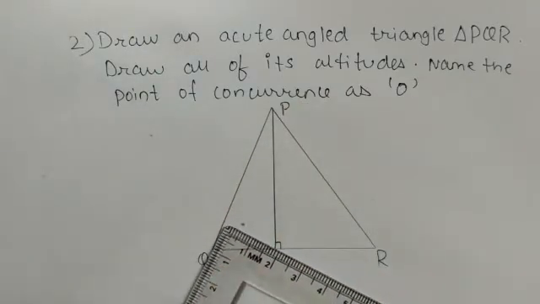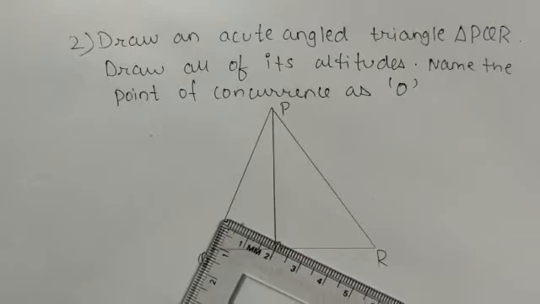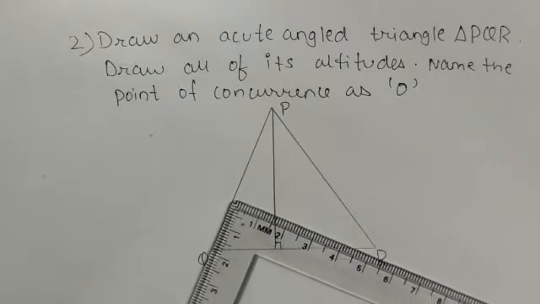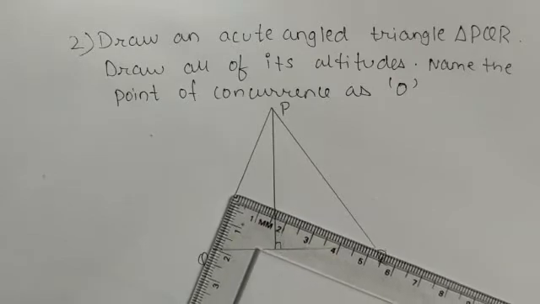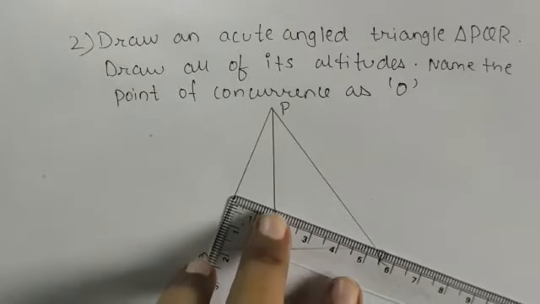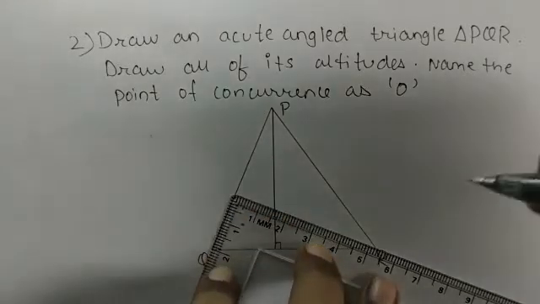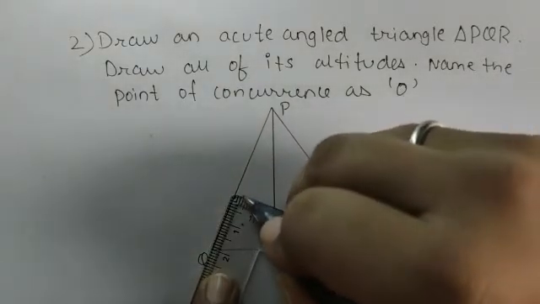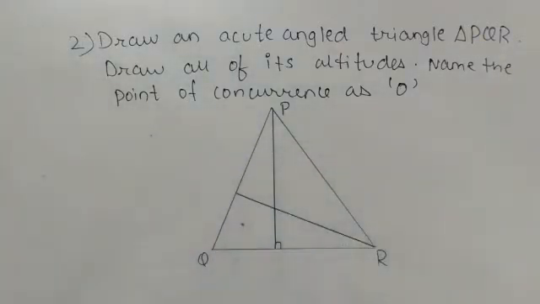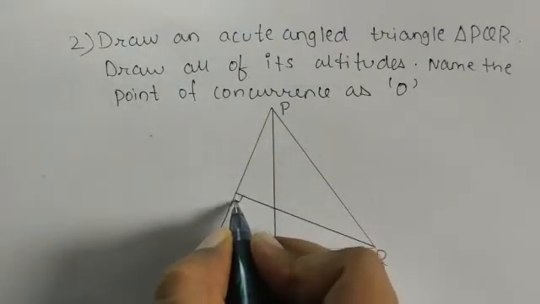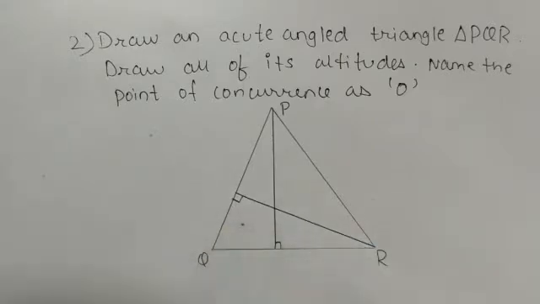For that we will keep the set square in this position and we will adjust it until the set square reaches the vertex R. So now it has reached vertex R. So we can draw a perpendicular line to its opposite side, that is PQ. So we have drawn a perpendicular line. We can name it.